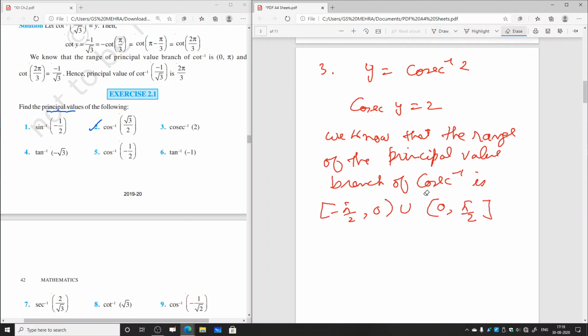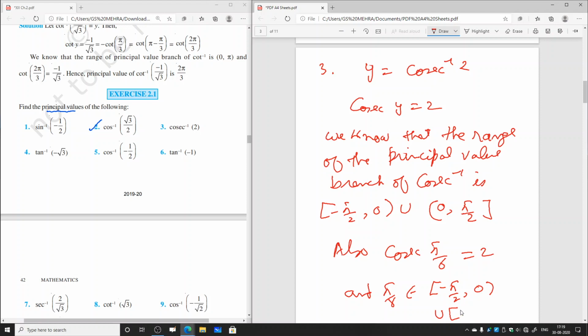Now we know that the value of cosec pi by 6 is equal to 2, and pi by 6 belongs to this interval, that is, the closed interval minus pi by 2 to the open interval 0, union the open interval 0 to the closed interval pi by 2.